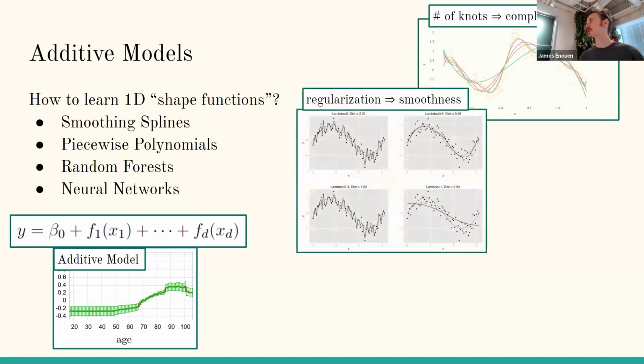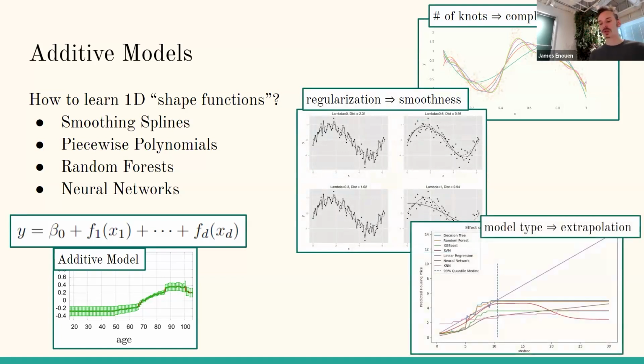Similarly, we were interested in the regularization parameters, which lead to more or less smoothness in your data. And then also your model type can lead to different extrapolation capabilities, and sometimes that's desired, sometimes that's undesirable. And all of these are considerations when you're picking which model to put in your function.